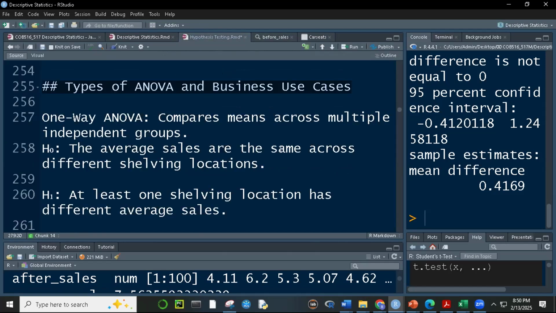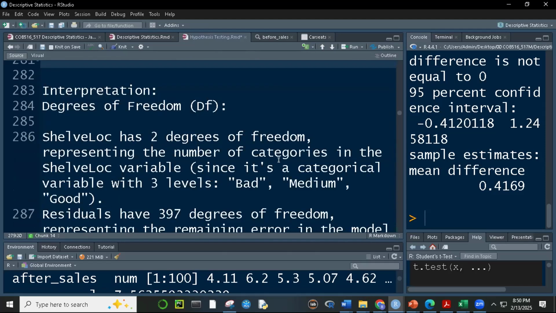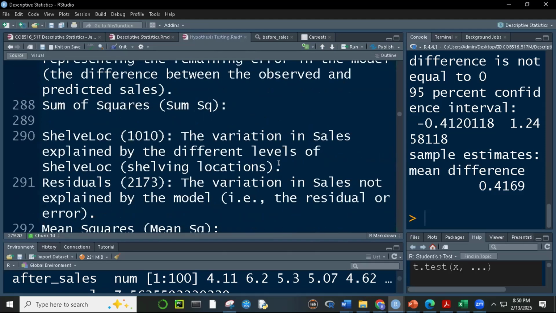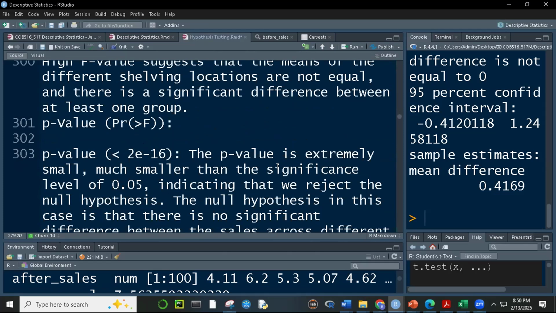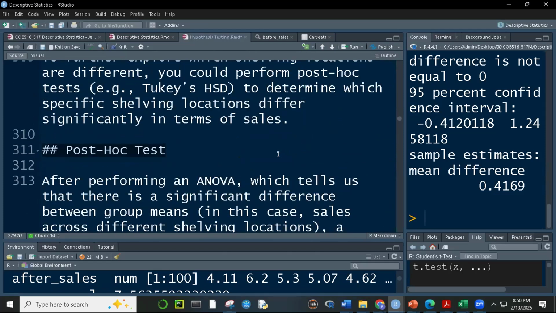You can't use the t-test there because there are three groups. If there are more than two groups, you can't use the t-test. You can use the analysis of variance. So kindly take a look at this in preparation for Saturday, and please read through the explanation.